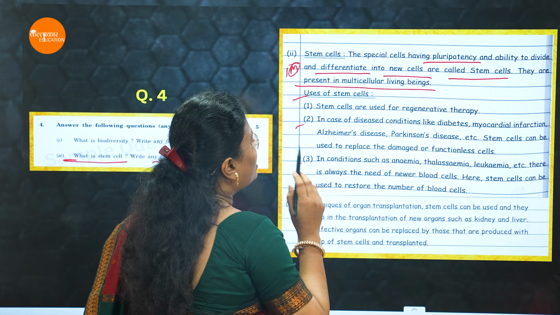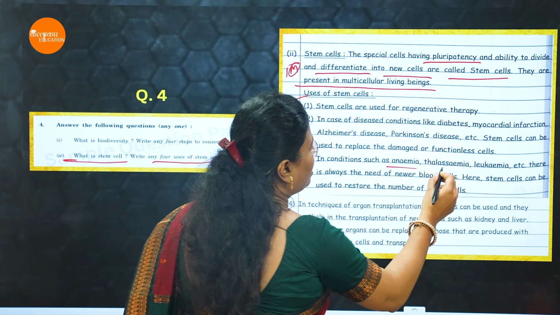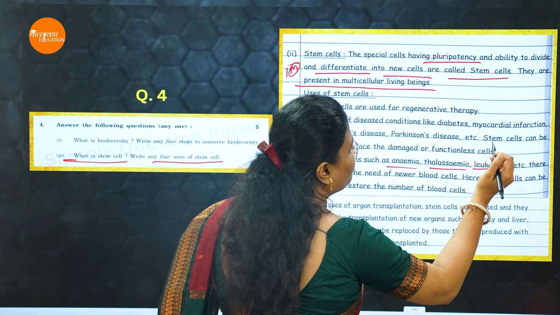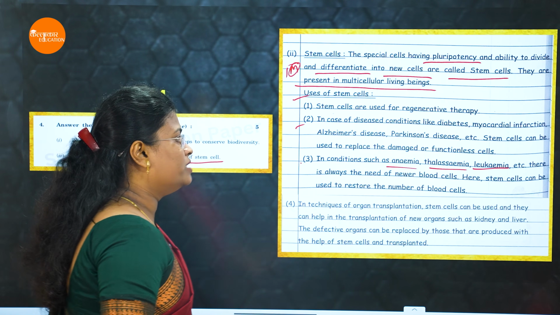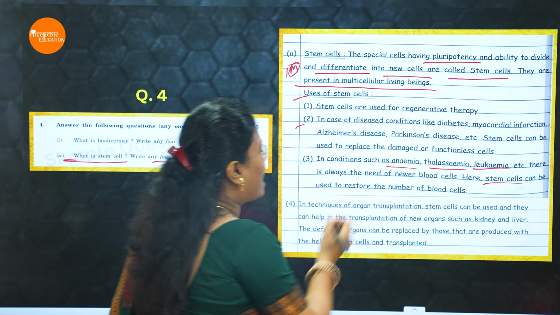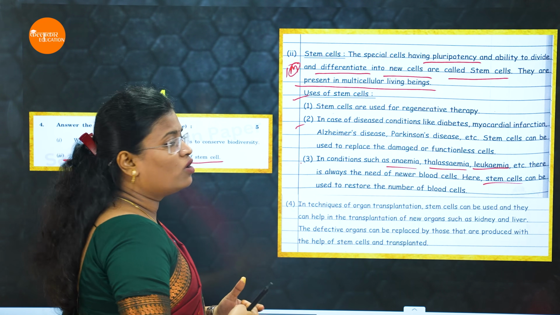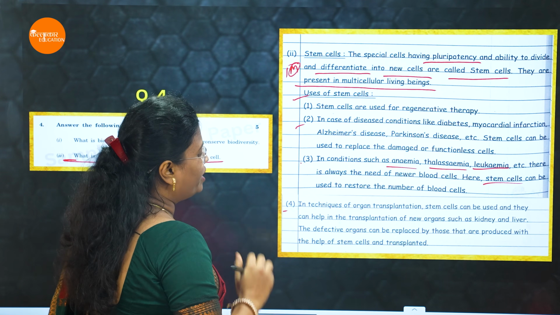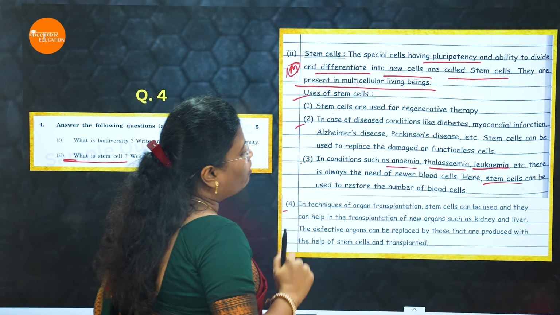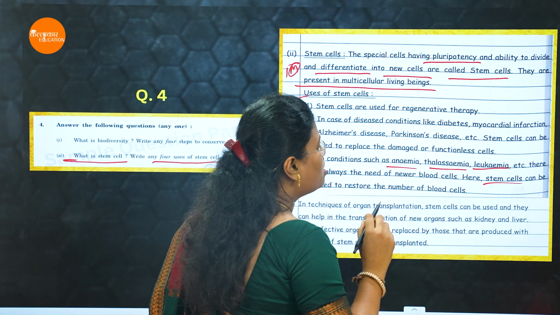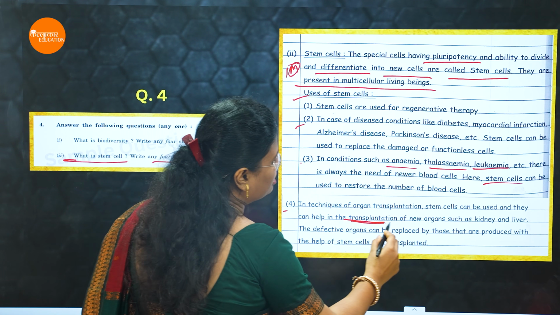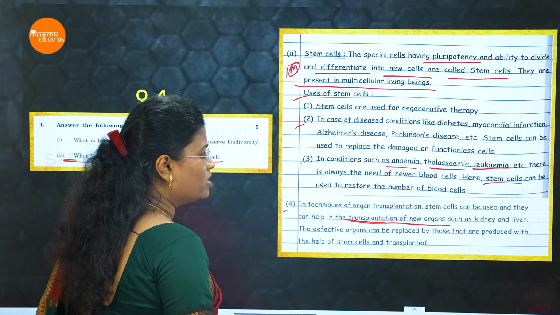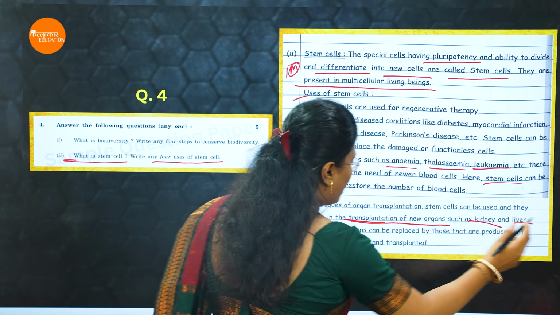Next point is what? In conditions such as anemia, thalassemia, leukemia, etc., there is always the need of newer blood cells. So here stem cells can be used to restore the number of blood cells. Fourth point is in techniques of organ transplantation, stem cells can help in the transplantation of new organs such as kidney and liver.